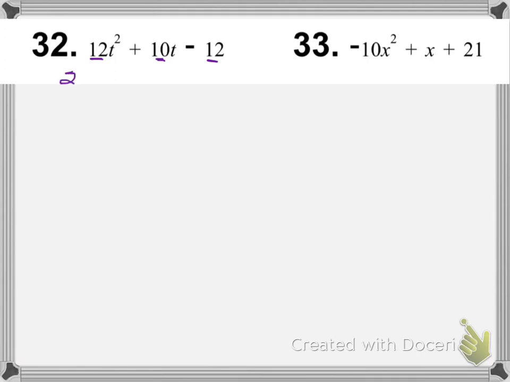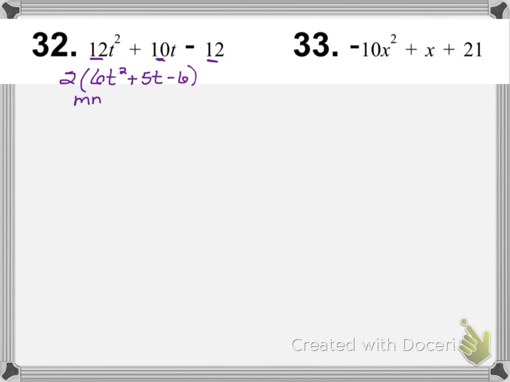So I'm going to go ahead and factor out the 2, and so I have 6t squared plus 5t minus 6.